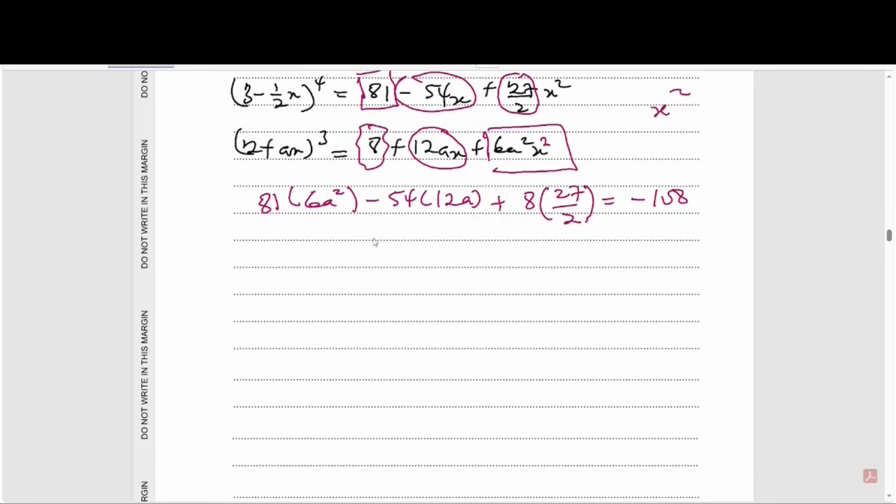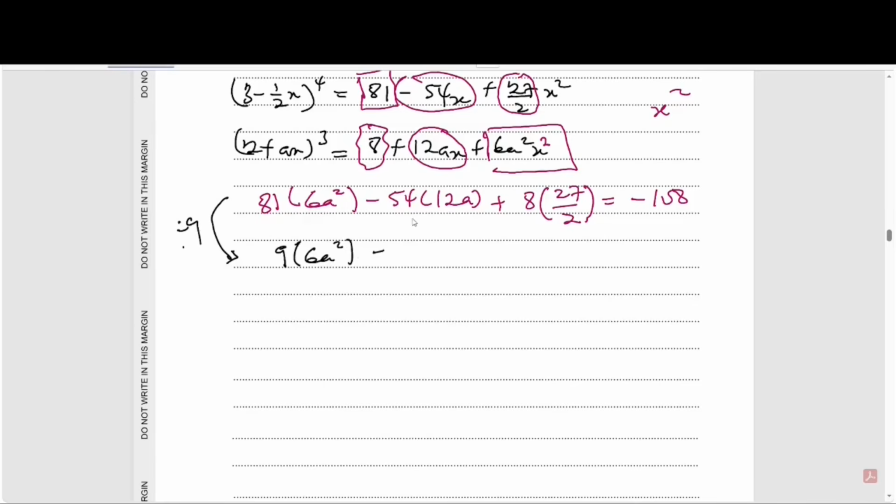I'm going to go with 9 first. So I'm going to divide every term by 9. So this whole thing divided by 9. The first one, 81 by 9 is going to be 9 again, and then times 6a squared.